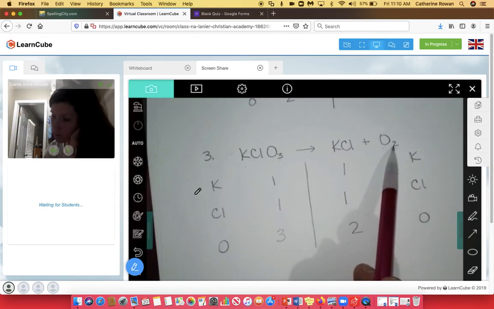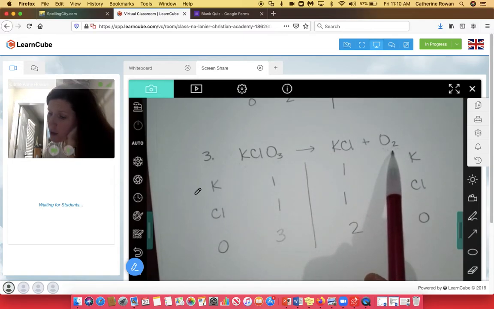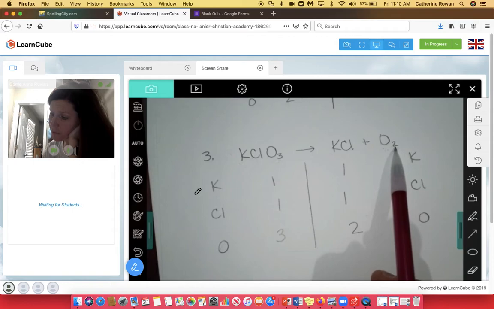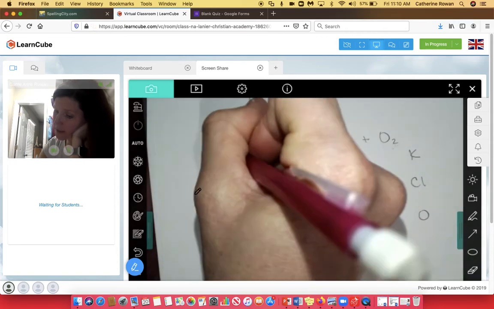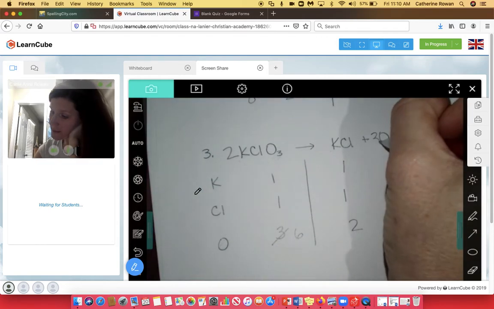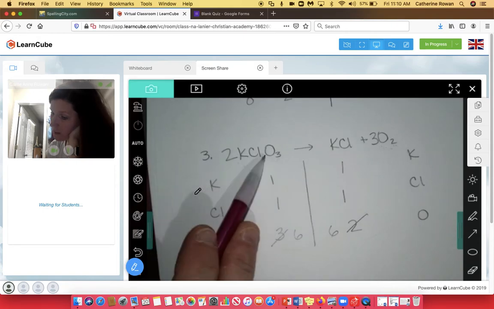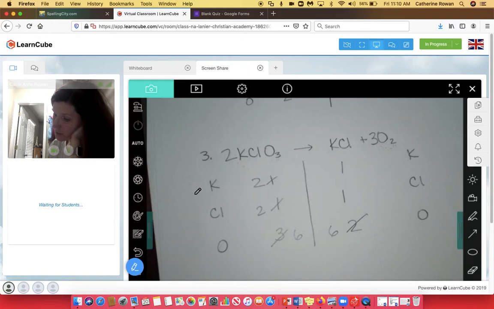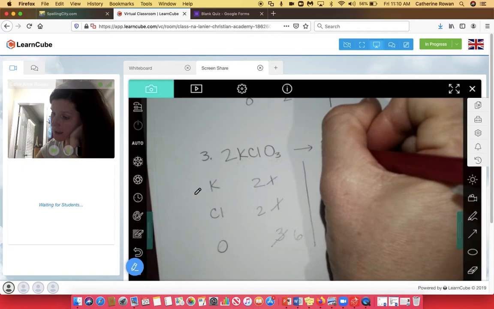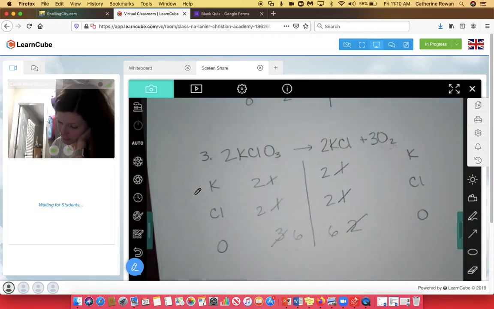Okay, so what I want to find is a lowest common multiple. So I know that the lowest common multiple of 3 and 2 is 6. So I'm going to make this 6 by adding a 2 out front, and I'm going to make this 6 by adding a 3 out front. Okay, but when I added the 2 out front here, it made these go up to 2 also. So now I have the 6's are equal, but the 2's and the 1's aren't. So now I have to add a 2 there, and all is better.